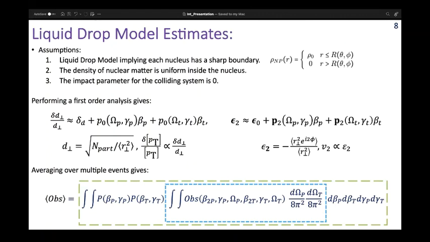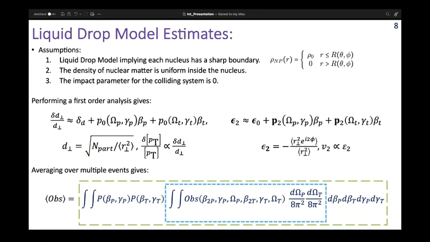To do that, we just look at the liquid drop model. The liquid drop model simply implies that my nuclear matter has a uniform density inside it, and it has a very sharp surface. The third thing that I have assumed for this calculation is that the impact parameter is 0, because as we saw earlier, the effect of deformation parameters was most pronounced in the ultracentral collisions.